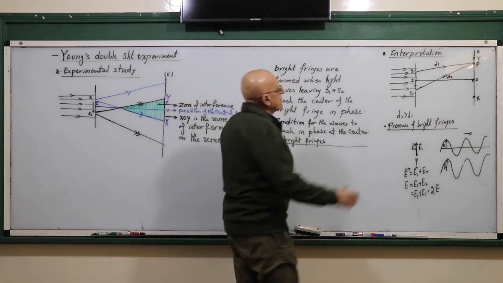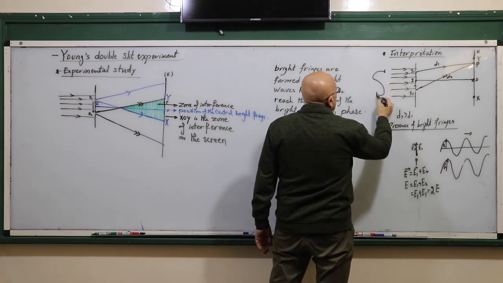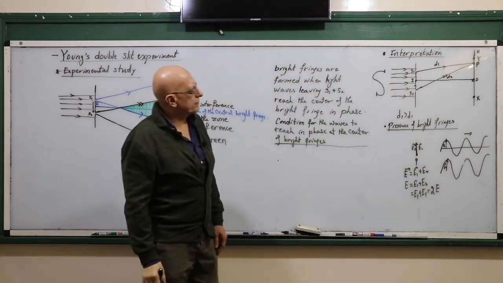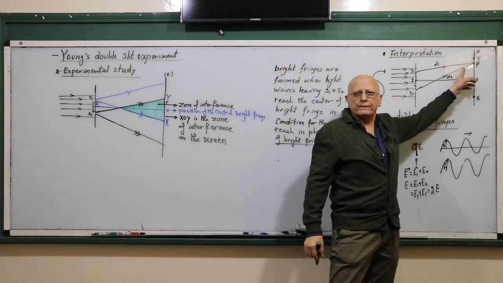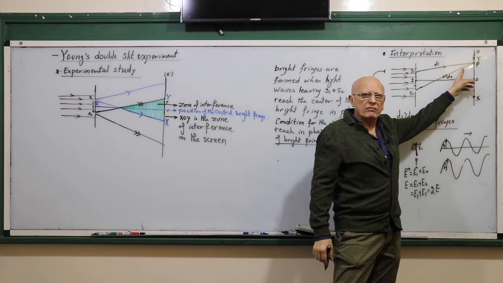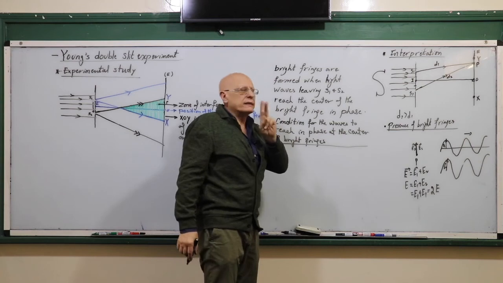If this is source S, the laser beam here, the main source of the laser beam. As you see, for light to reach point P, it follows two paths.